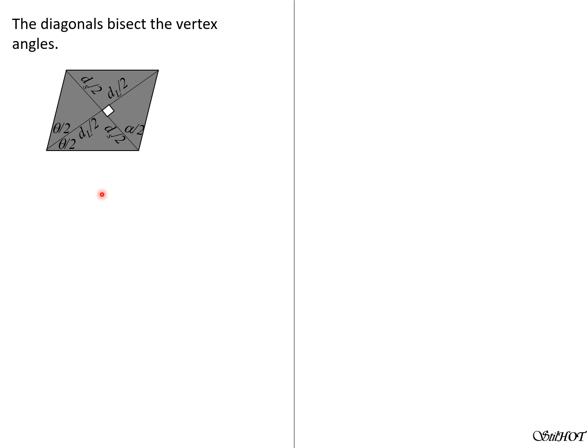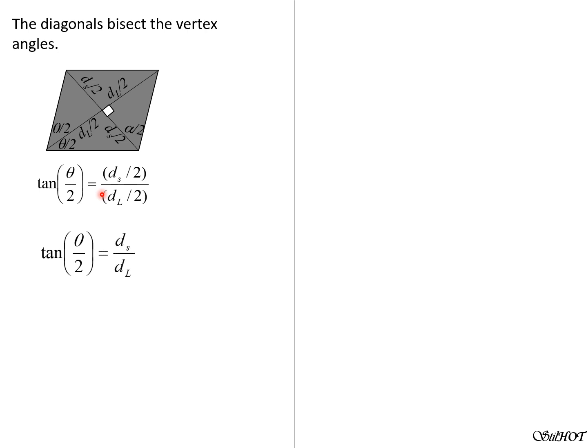So tangent theta over 2 is equal to diagonal 1 over 2 over diagonal 2 over 2, or short diagonal over 2 divided by long diagonal over 2, or simply short diagonal over long diagonal, tangent theta over 2.